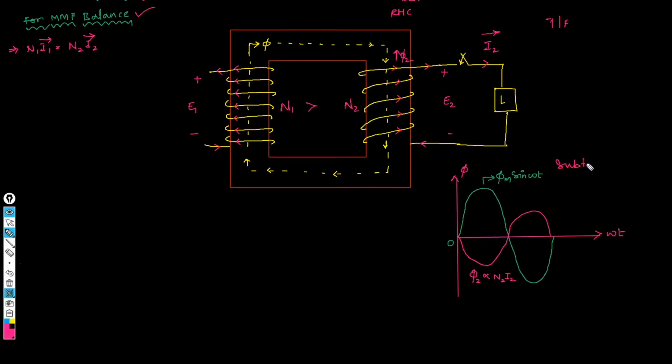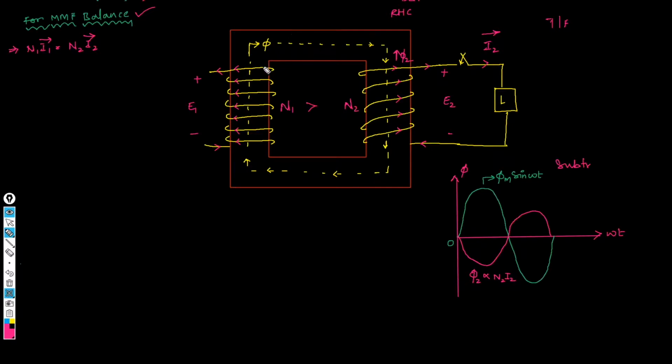Subtraction of the main flux is taking place here, because suppose if this green color waveform has a magnitude of 10 and this is of 5, then the resultant of both waveforms will be 5, because the pink color waveform is in the opposite direction to the green color one. So there is a subtraction between the fluxes. Actually, the flux lines won't cross each other; this is just for understanding purposes. So there is a reduction in the flux.